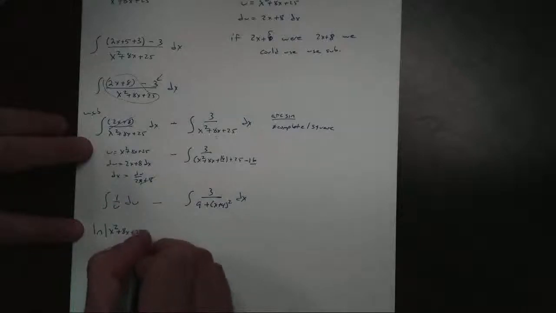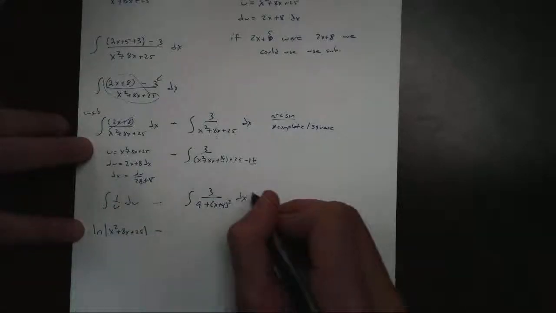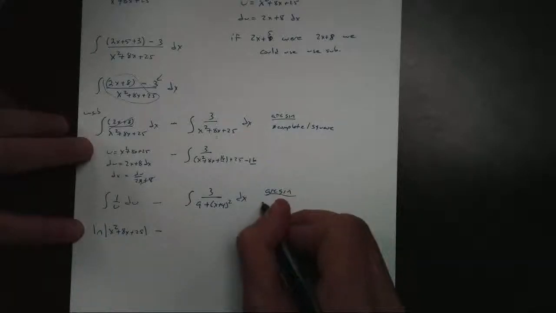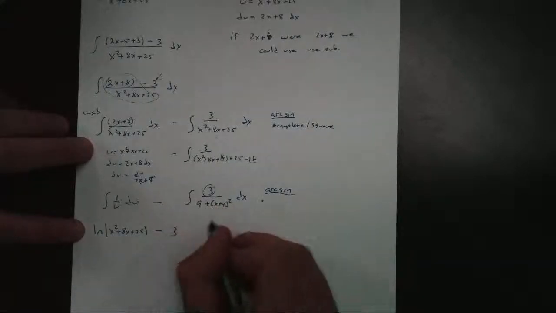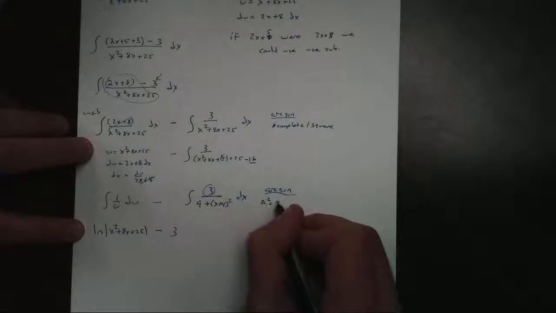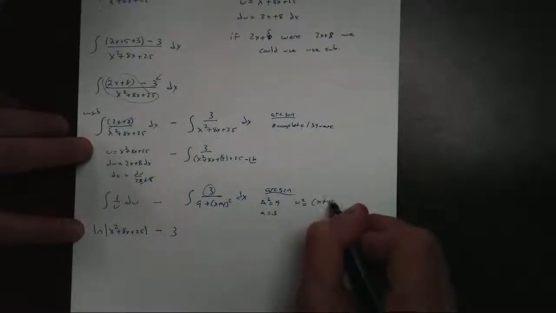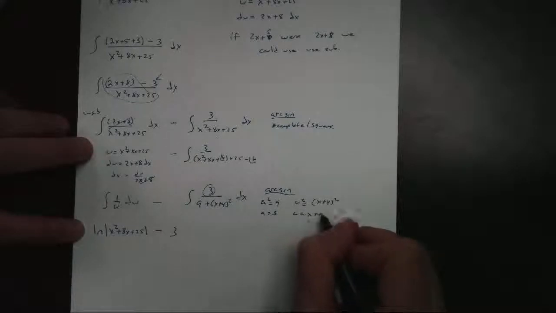And now I can just integrate them. This is easy. This is just the natural log of u, which we said earlier was x squared plus 8x plus 25, minus, and this is our arc sine, where, don't forget the 3. We have a 3 here. So a squared is 9, so a is 3. u squared is x plus 4 squared, u is x plus 4. du is dx, just checking.